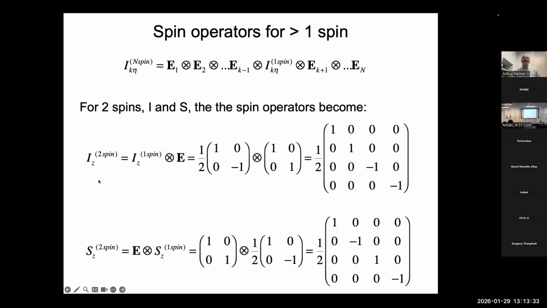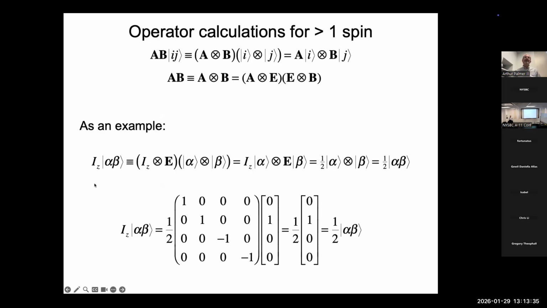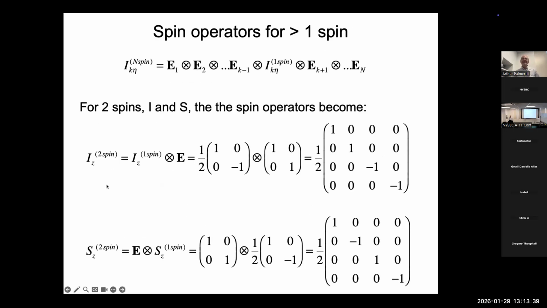Or if I wrote RZ, I really meant ERZE. And if I meant SZ, I meant EESZ. That would tell me that I really have this expansion. But we don't do that. You have to remember that the E's are there, even though we don't tend to write them, because sometimes it becomes important.